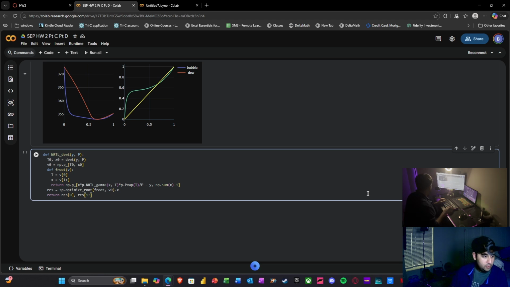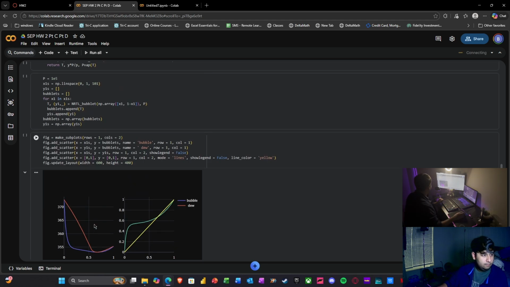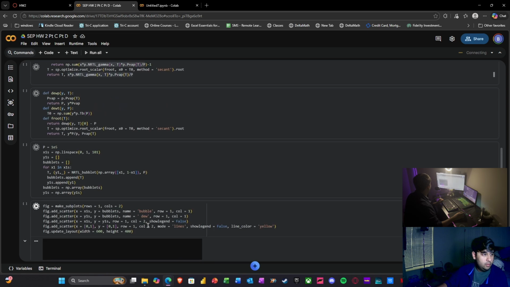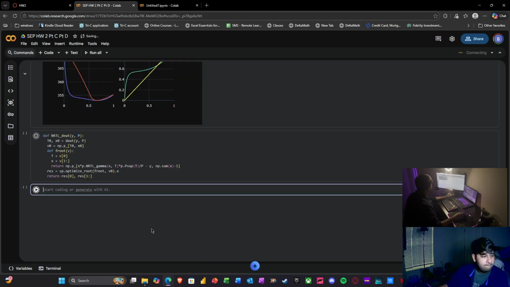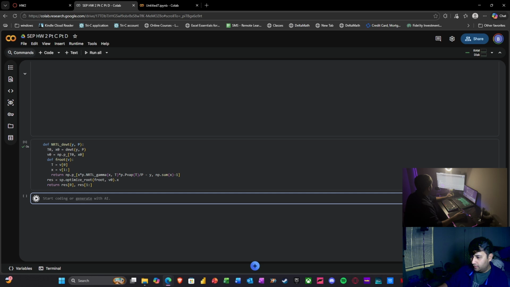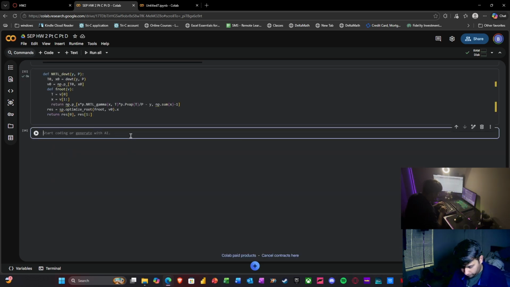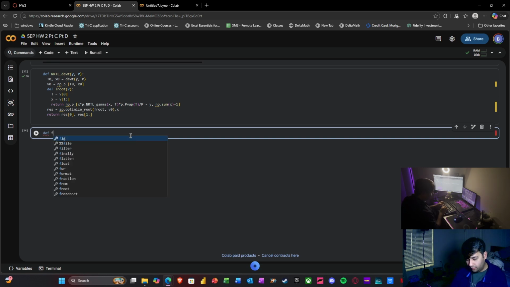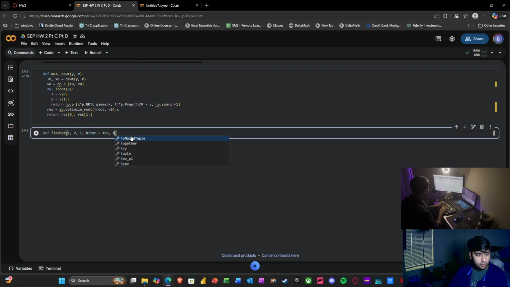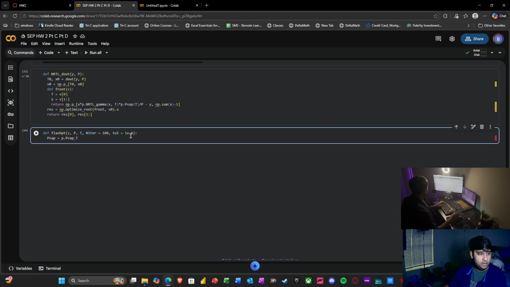Let's just check if that works. We have to run it first. Yep, that works perfectly. So now we're going to get into using our Rachford-Rice, but first we're going to define our flash, using Z, P, T, have our niter set as 100 and our tolerance as 1e-6.